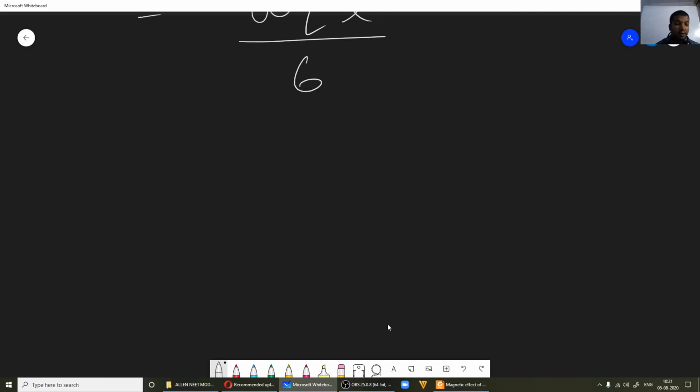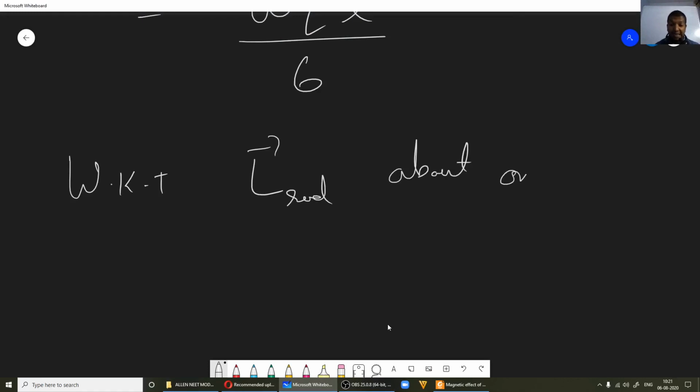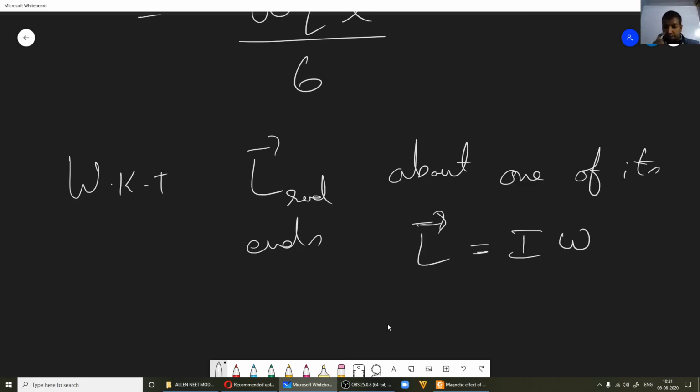Yes, this is right. So next we can write, we know that the angular momentum of rod about one of its ends, okay, it is given as L is equal to I omega, right?